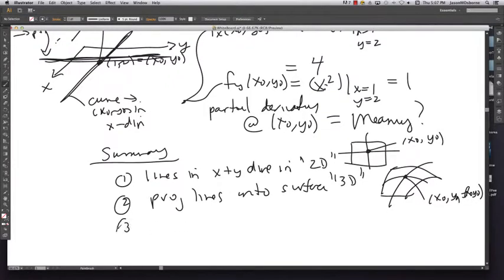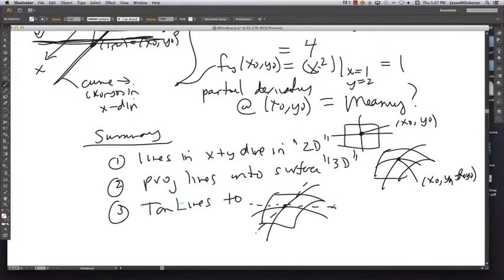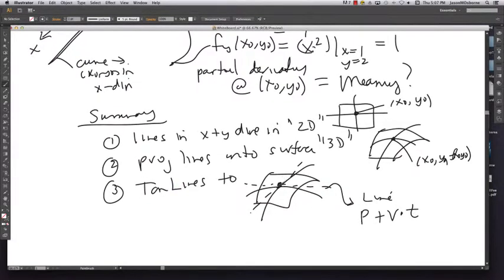The third thing you're going to do is you're going to compute tangent lines to each of those curves. So you're going to then have your surface, you're going to have those curves in the different directions at this point. You're then going to compute these tangent lines. Okay? And because they're nothing more than lines, they have to be of the form p plus v times t. So you know the point that they're going to go through.